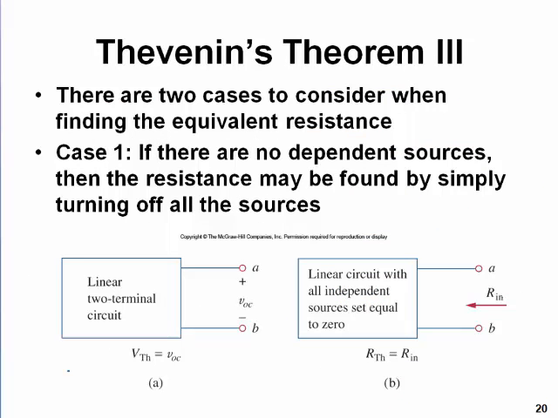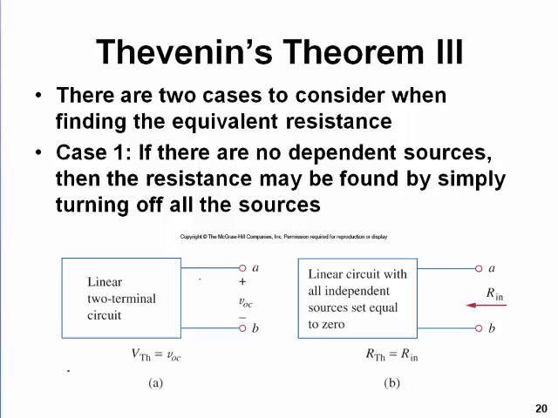So there are two cases to consider, just like our previous analyses. We had to consider whether we had all independent sources or whether there were dependent sources involved. Case 1 says there are no dependent sources, which is always the easier case.